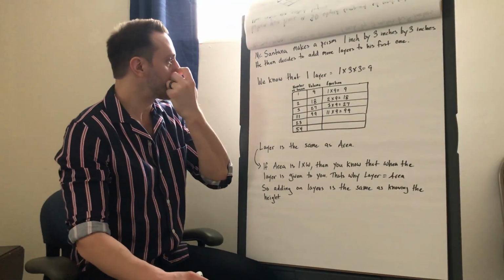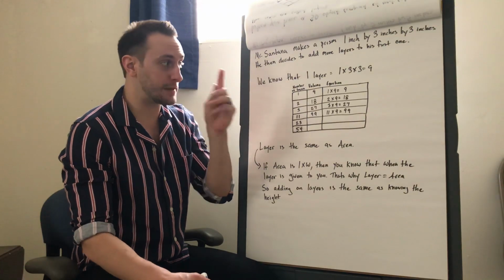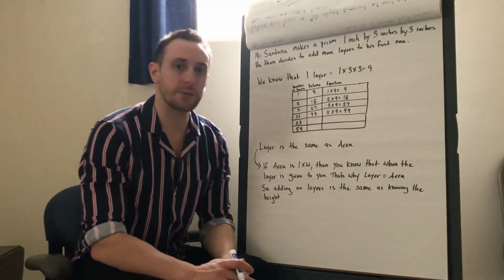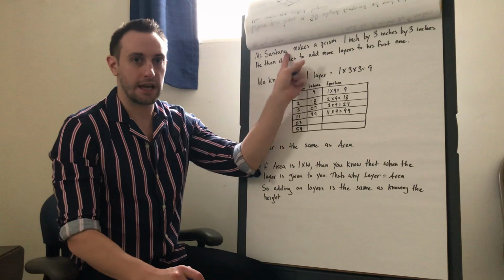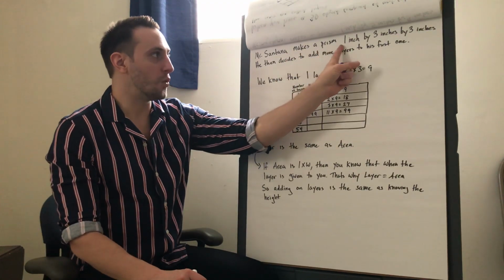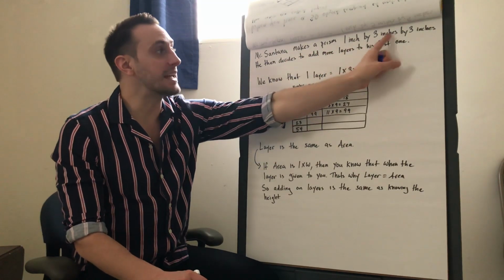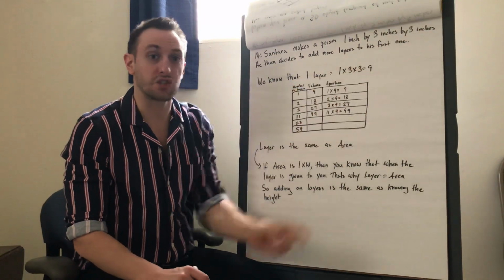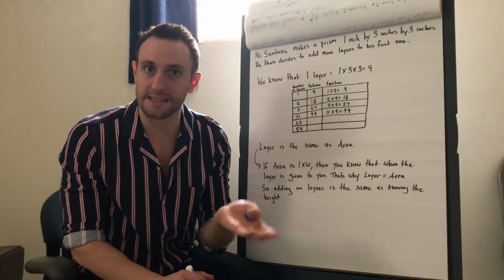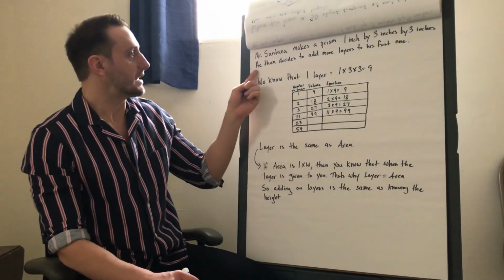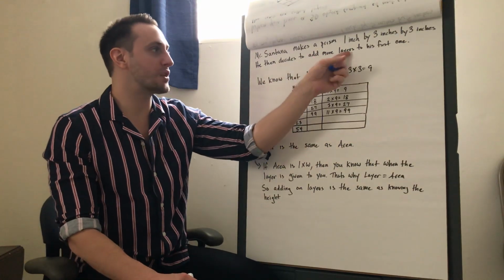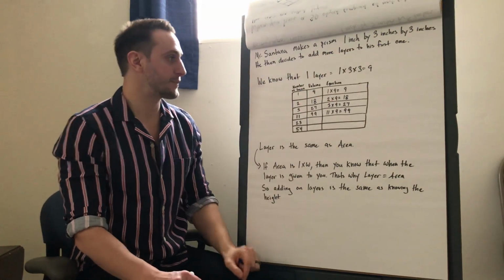Let's take a look at this one. I have a bit of a problem here for us. And this one says, Mr. Santana makes a prism 1 inch by 3 inches by 3 inches. So we know the length, the width, and the height. It's giving it to us. He then decides to add more layers to his first one.